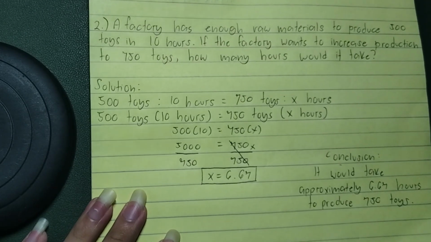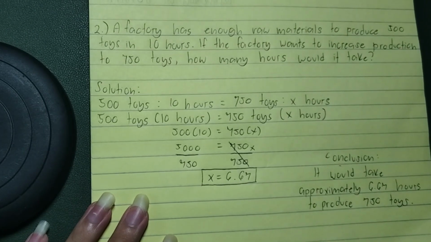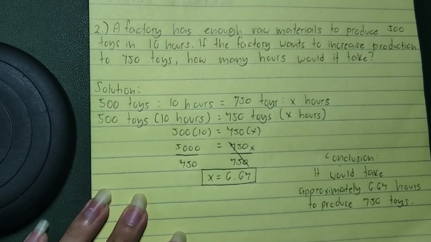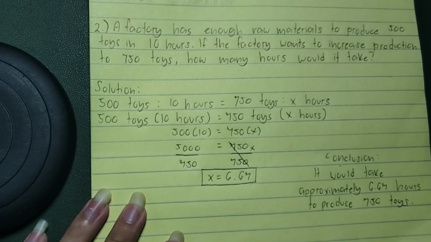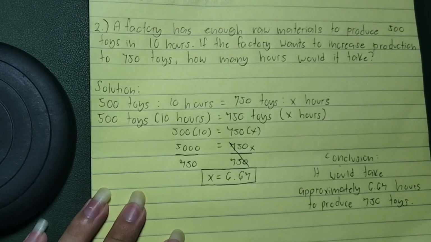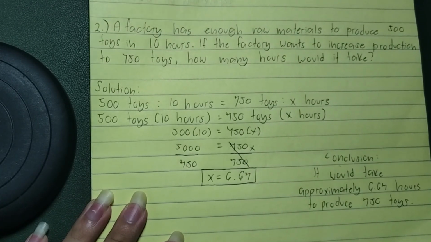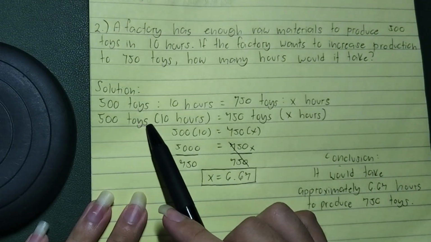Next, we have a factory that has enough raw materials to produce 500 toys in 10 hours. If the factory wants to increase production to 750 toys, how many hours would it take? First, we should understand the problem and then set up the proportion like this once again.